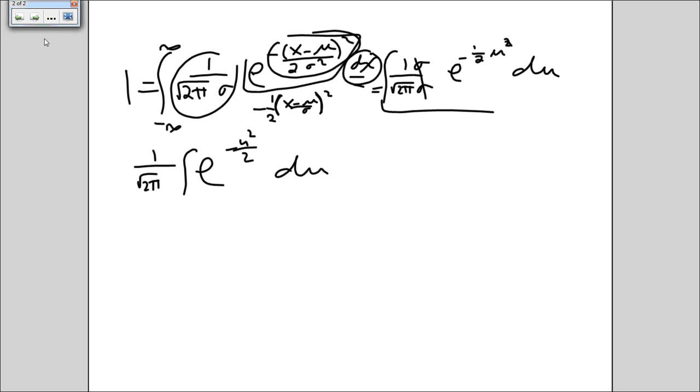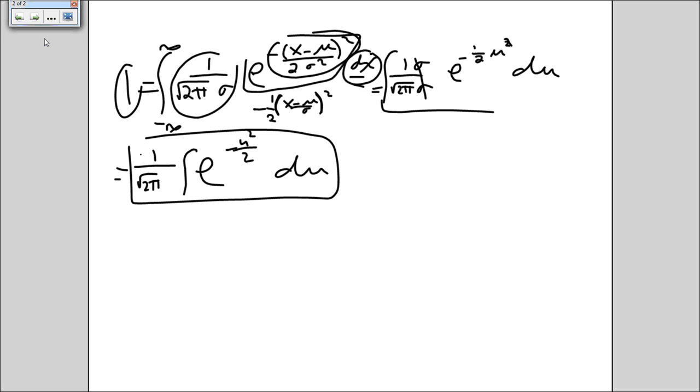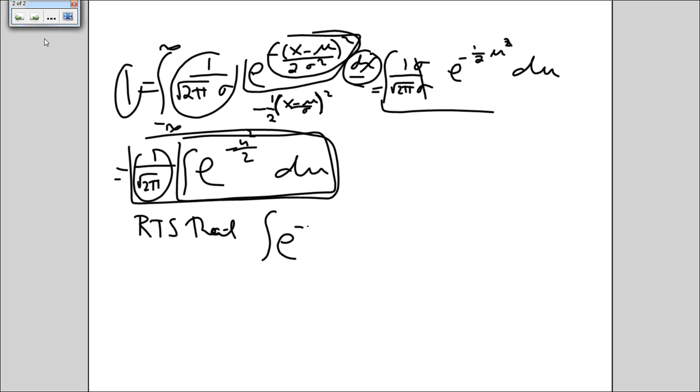So now, again, I want this integral to equal 1. Well, 1 over the square root of 2 pi times this integral should equal 1. So it remains to show that this integral, e to the negative u squared over 2 du, should equal the square root of 2 pi.